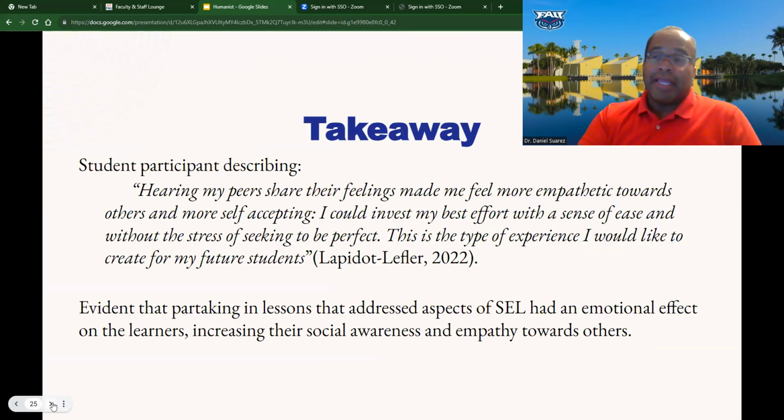The takeaway. Student participants described this by saying, here my peers shared their feelings, which made me feel more empathetic towards others and more self-accepting. I could invest my best efforts with a sense of ease and without the stress of seeking to be perfect. This type of experience I would like to create for my future students. And this is a student teacher.